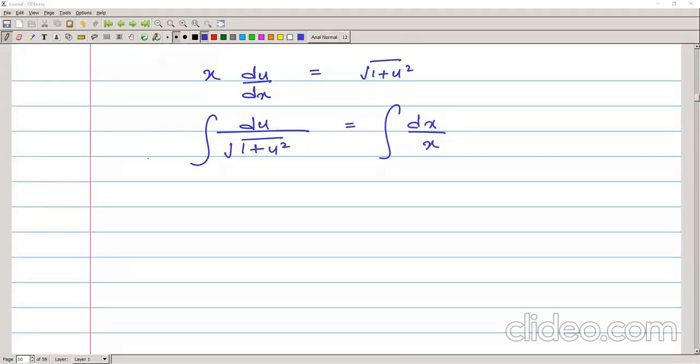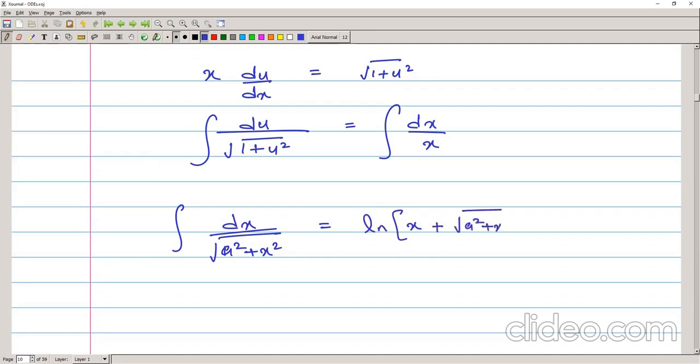So we know that the integral of dx over the square root of a squared plus x squared is equal to ln x plus the square root of a squared plus x squared plus c.